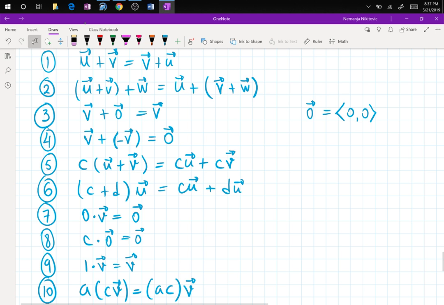You just have to write each one of these vectors as ux, uy, vx, vy, wx, wy, if you have it, and just keep distributing c's and d's and whatever is needed. And you can quickly come up with proofs for all of this. That's only if you're interested.